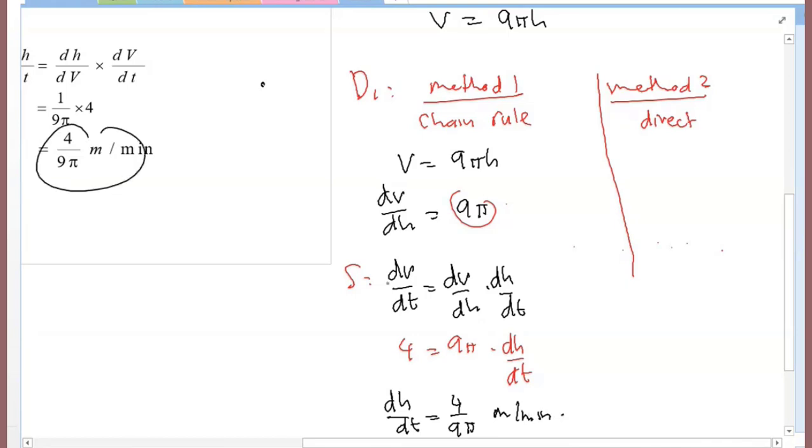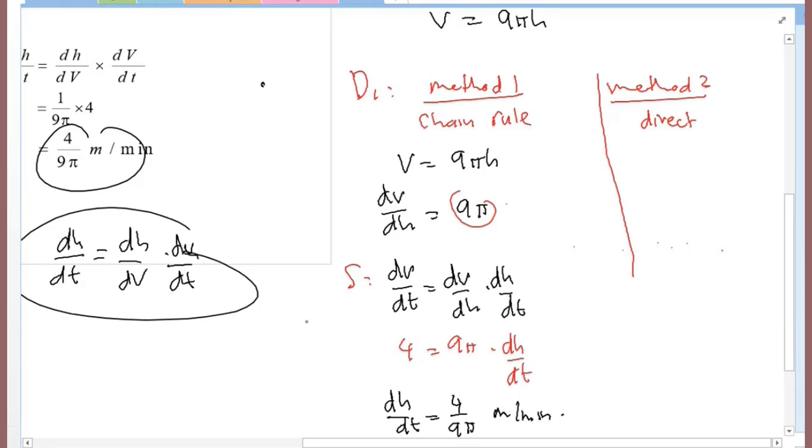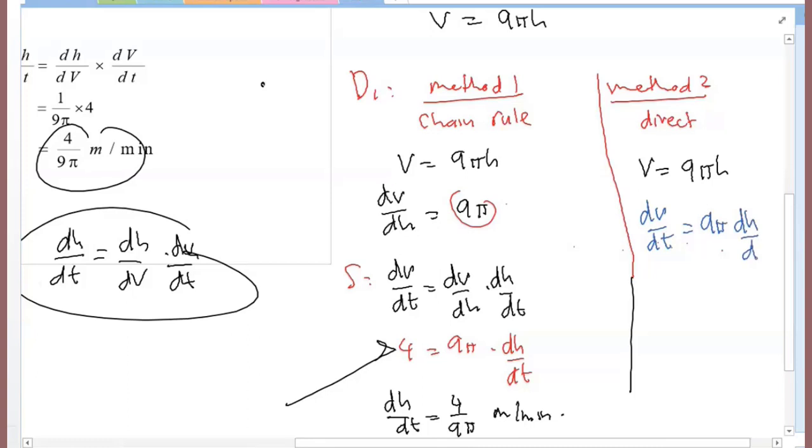So now the idea is, when it is V, we have to go with respect to V. Find dV/dt. Sometimes the lecturer says to take this one as the subject, dH/dt, dH over dV/dt. It's okay because of the objective, right? Just do it. So directly, V is equal to 9 pi H. Differentiate with respect to T, so dV/dt is 9 pi dH/dt.